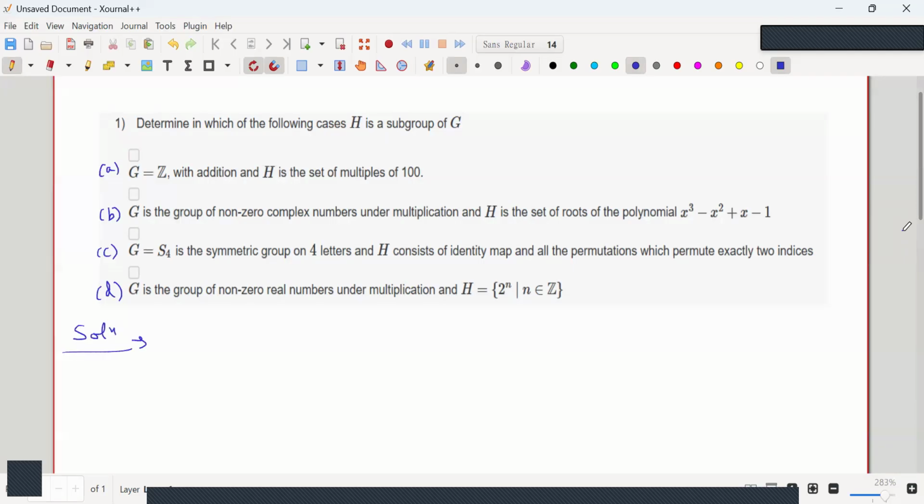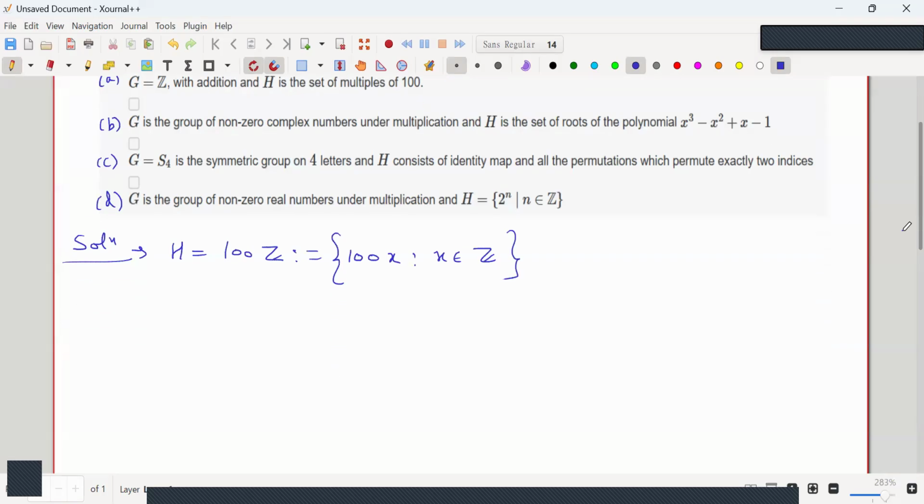H is just notation; I am following the class notation. So this is just the set containing all the multiples of 100. It is of the form 100 times some x, where x is inside Z, right? As Pranjana pointed out, it satisfies all properties to be a subgroup. First, the identity is inside it; we can just take x to be 0.